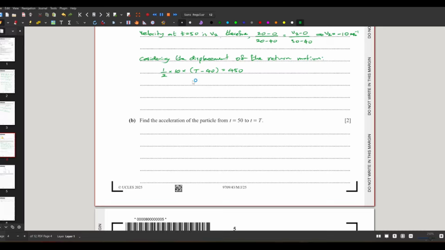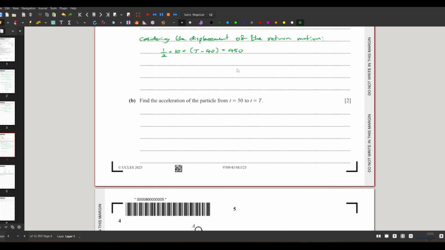So in this case, 10, the 0s cancel, and 2 times 45 is 90. So T equals 90, and minus 40 goes to the other side, so plus. 130 seconds.